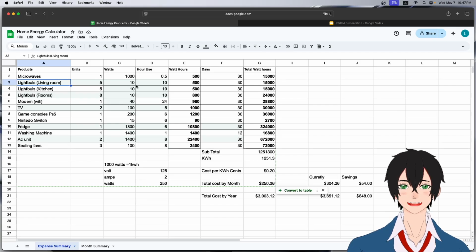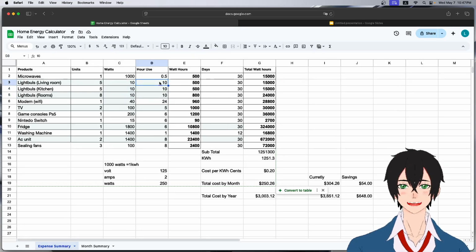I'm not sure. Maybe you're living with your grandma. And so you see that right now, as I change these to 10 watts, look at the difference here. I'm saving $54 just on lighting only if I switch all the light bulbs. So $54 is something.